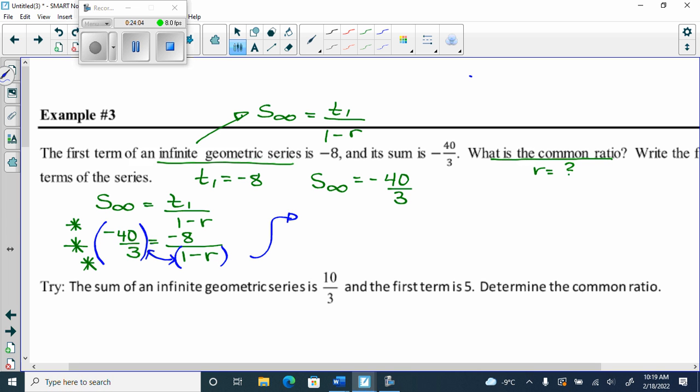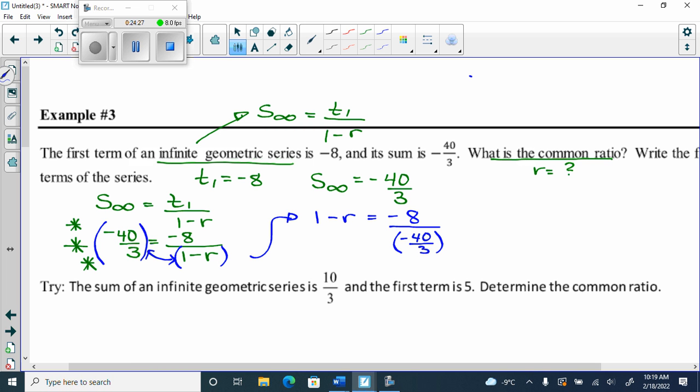Okay, so we go 1 minus R equals negative 8 over, in brackets, negative 40 divided by 3. Type that in and reduce it first. We're just going to type in this fraction so that you don't have a really awful fraction after this.